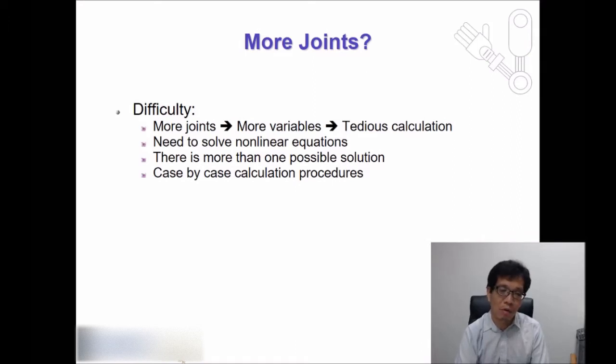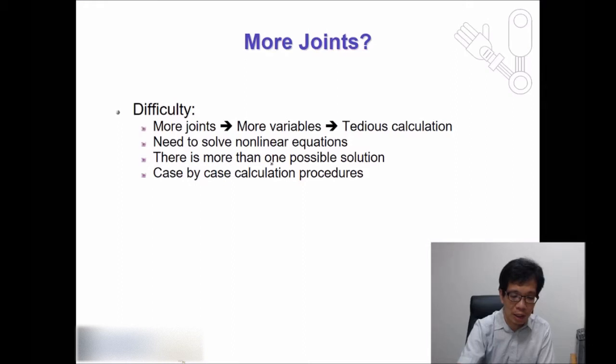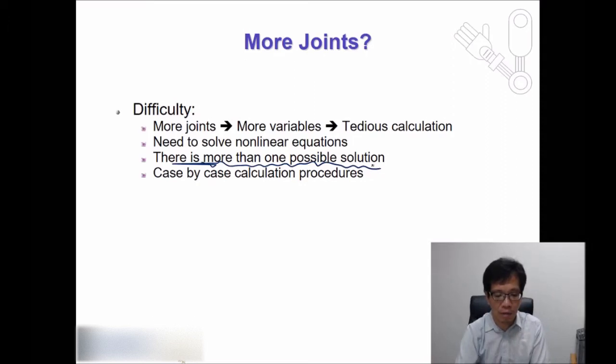And also, even though we are talking about the same end position of the robot, there is very likely more than one possible solution. So that is something you might need to remember.